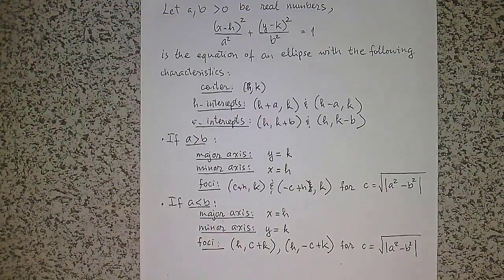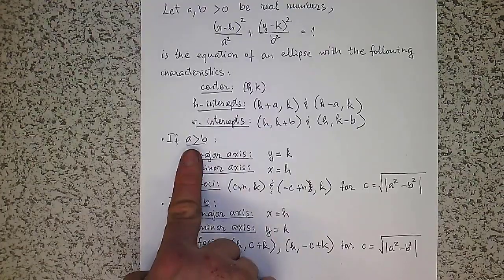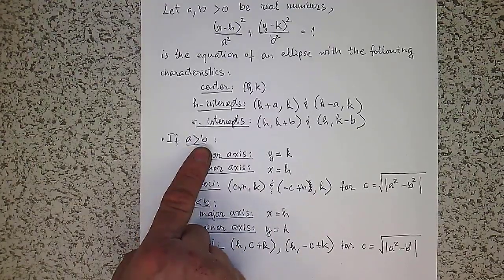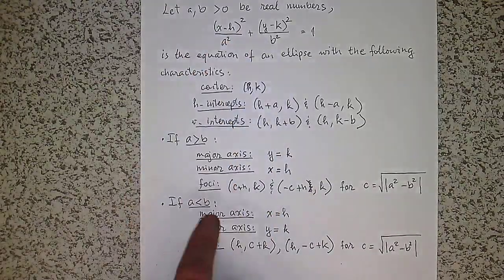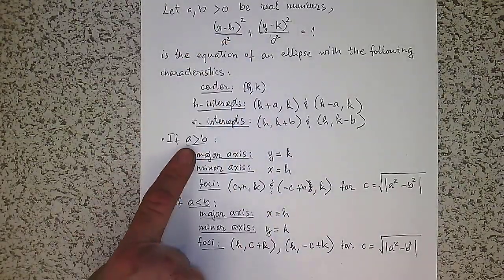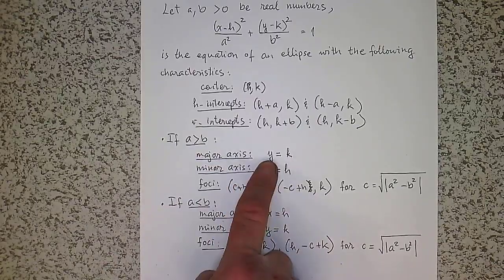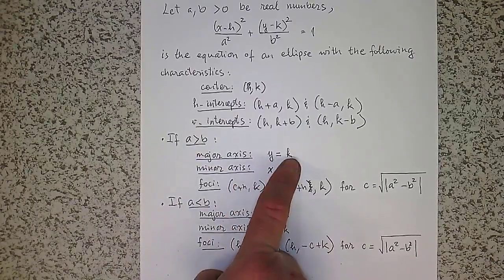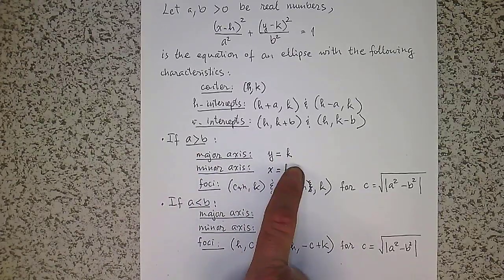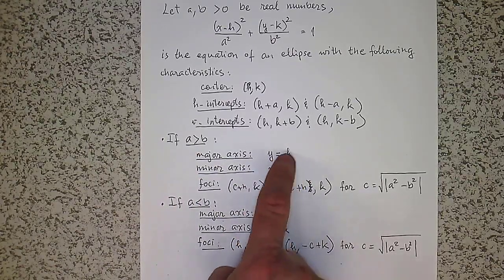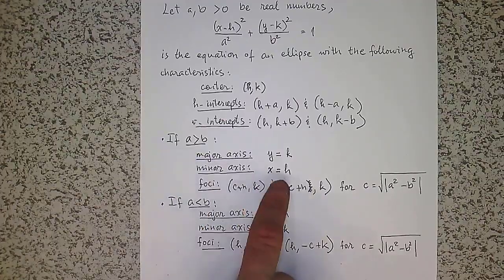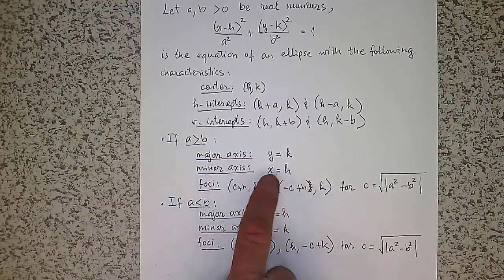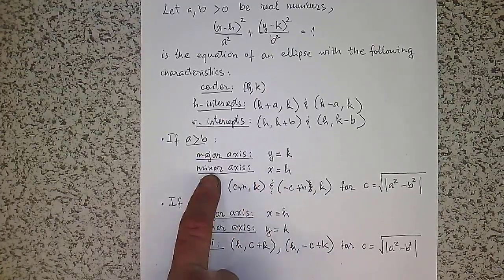And according to the general understanding at this point, when a is greater than b, and remember a is the coefficient corresponding to the x squared term right here, then the major axis is going to have the equation y equals k. More generally, we understand that as a line that is parallel to the x-axis going through the center, that would be the major axis. And whichever line is parallel to the y-axis, having equation x equals h, will be the minor axis.